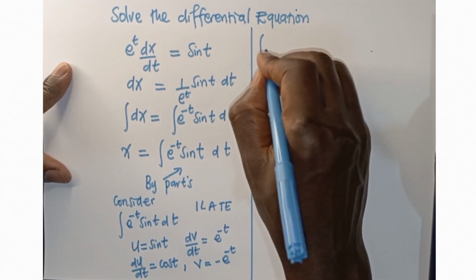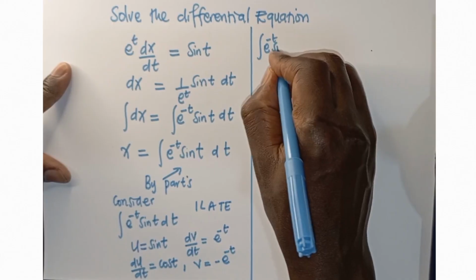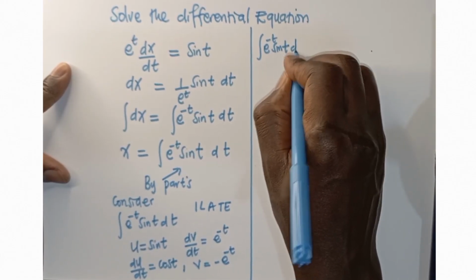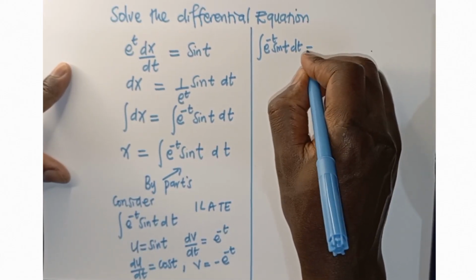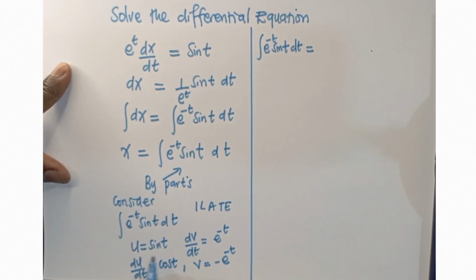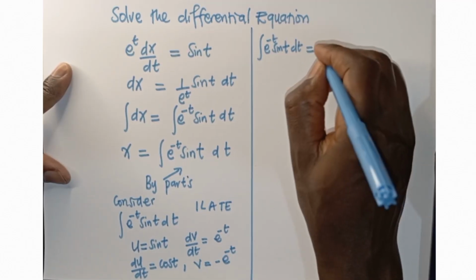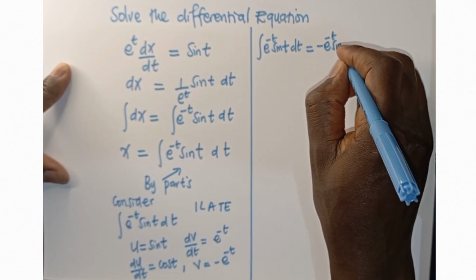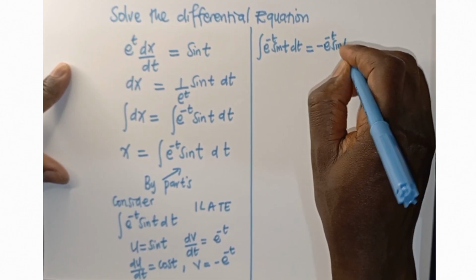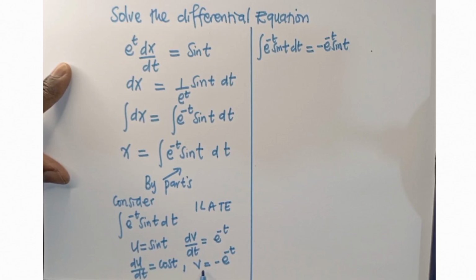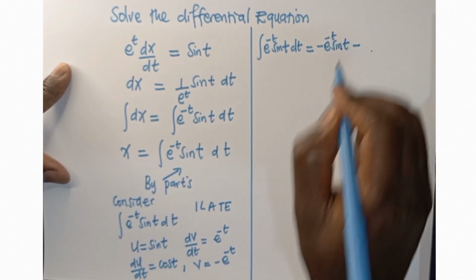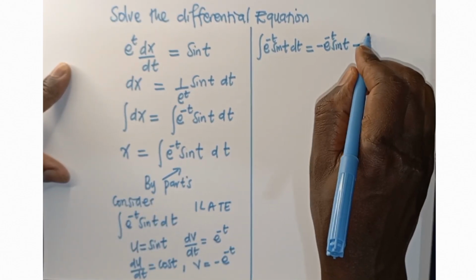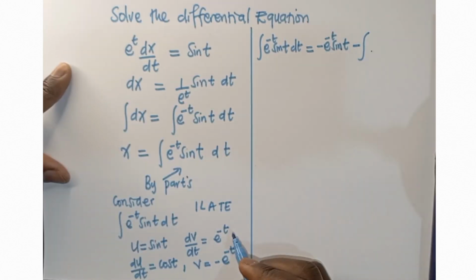So putting it back, we have the integral of e to the negative t sin t dt is equal to, so we substitute back, negative e to the negative t sin t, then minus the integral. So we substitute in the remaining, the v.